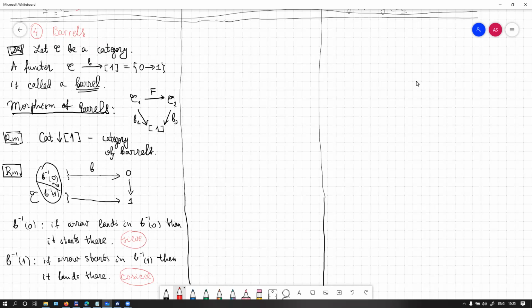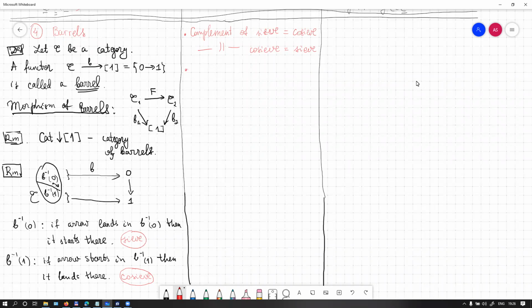So if you have a sieve, its complement is a co-sieve. The complement of a sieve equals a co-sieve, and the complement of a co-sieve is a sieve.